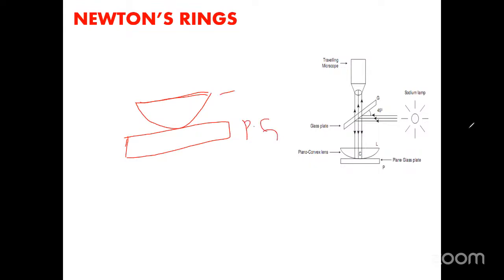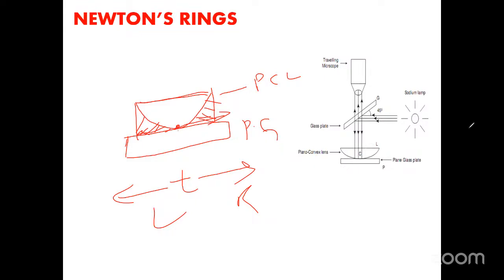This is the plano convex lens, PCL. These are in contact at the center. Moving away from the center in this direction or in this direction, between these two, an air film is formed. What is the thickness of the air film? It increases whether you move to the right side or left side. The thickness of the film increases.